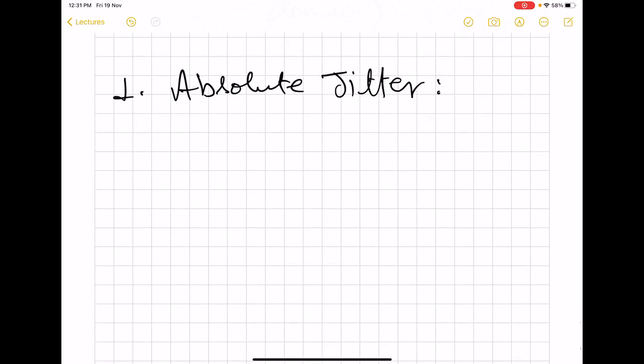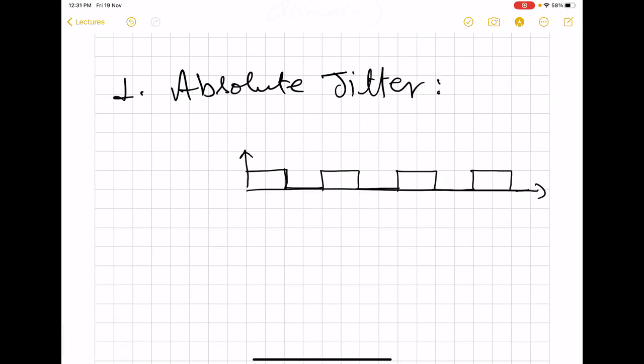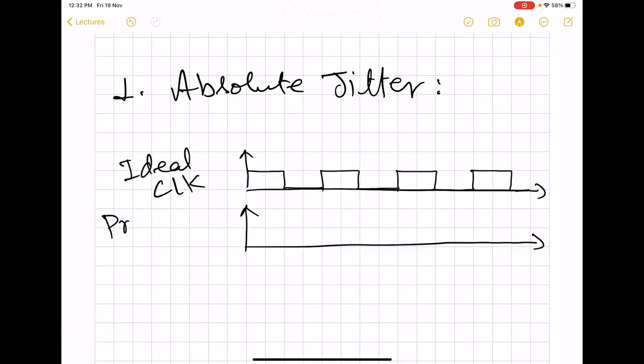So we have, say for example, an ideal clock and then a practical clock where the time periods are different.